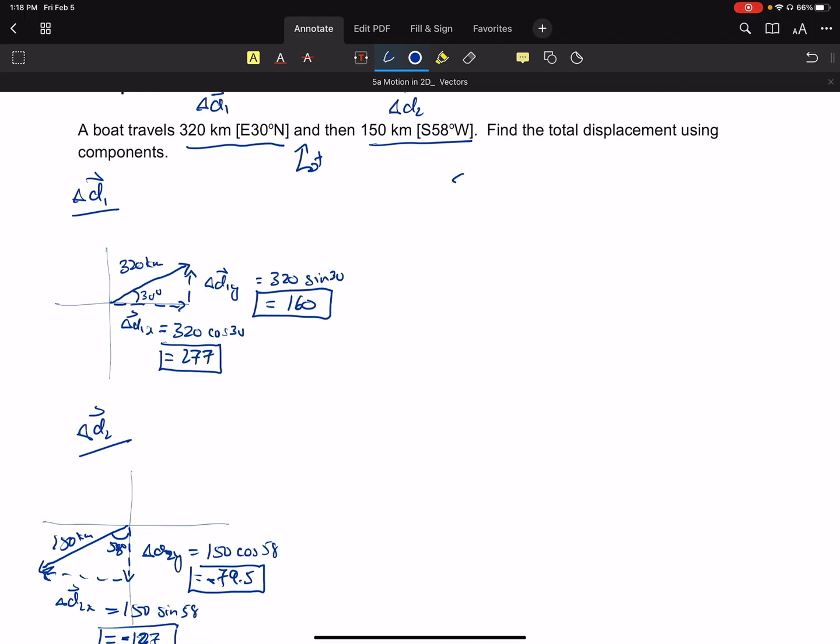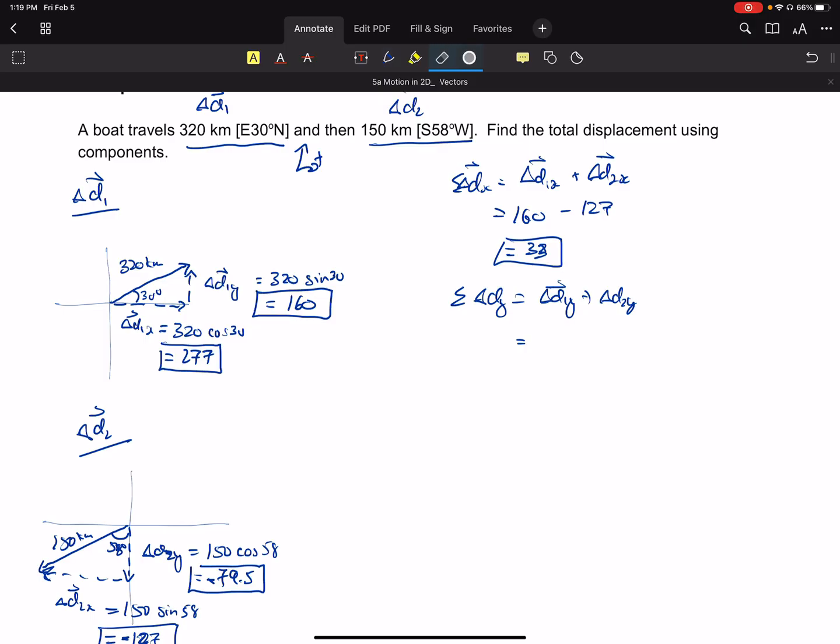I am going to do the summation of all the displacements in my x, which is delta d1x plus delta d2x. So it's going to be positive 160 and then minus 127. When you do that, you're going to get positive 33. And then you do summations of your delta dy's, which is delta d1y plus delta d2y.